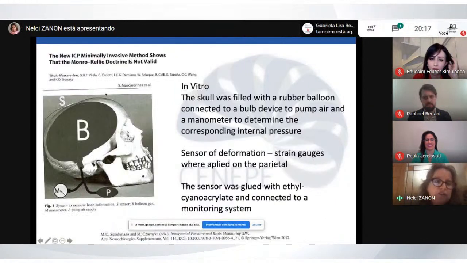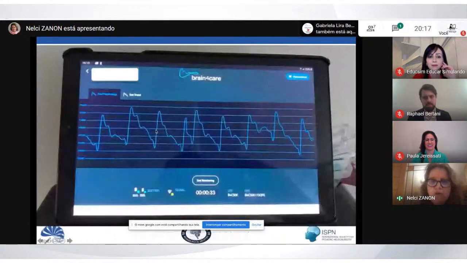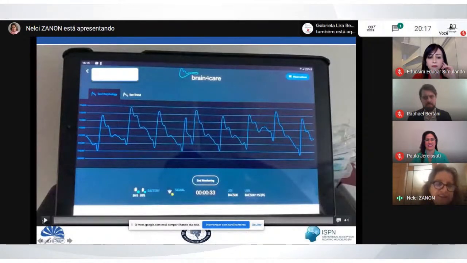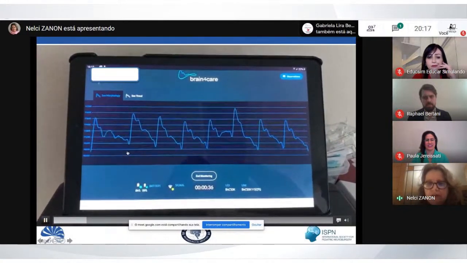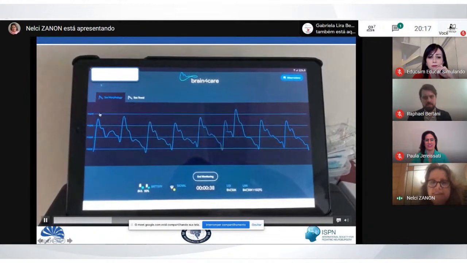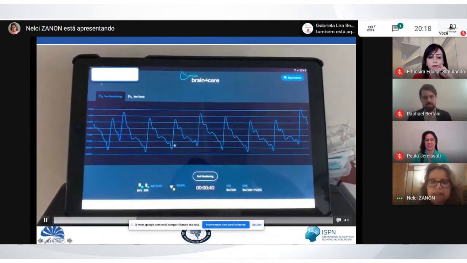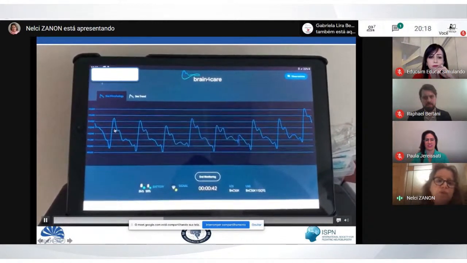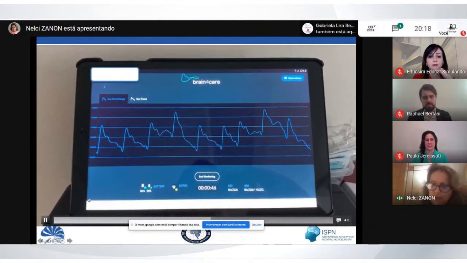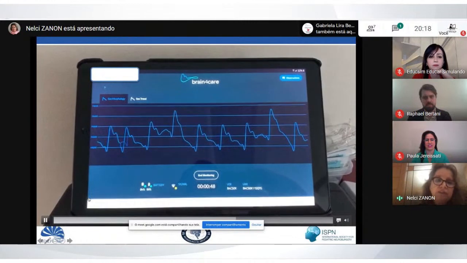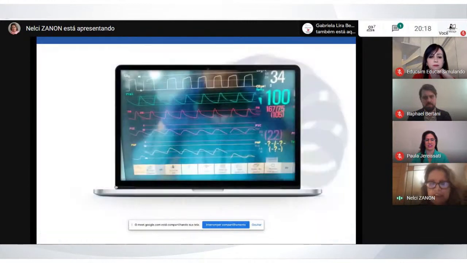He just got an idea, went to the lab, did the work in vitro, did it in animals, and now we are with this, on our mobile or on our computer, we can see the waves here. They are the normal waves like we see, P1, P2, and P3, and non-invasive, just seeing.